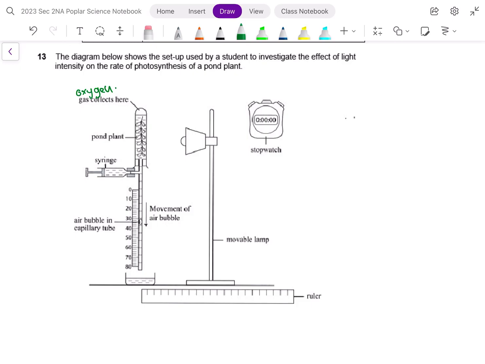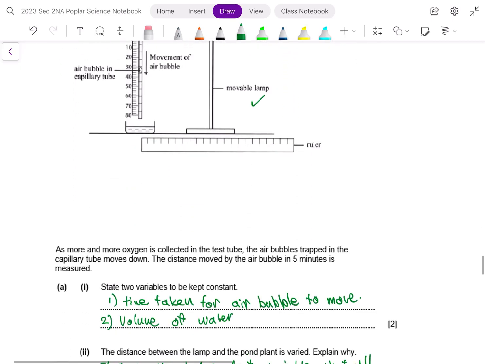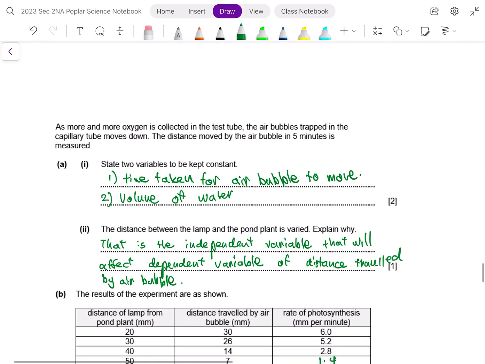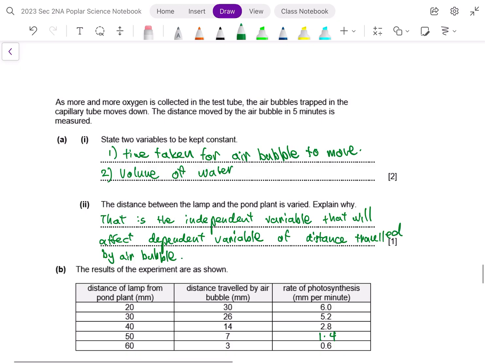Then you have the pond plants, air bubbles, how much it travels. There's a stopwatch. It's a movable lamp. So as more and more oxygen is collected in the test tube, the air bubbles trapped in the capillary tube moves down. So the distance moved by the air bubble in 5 minutes is measured.